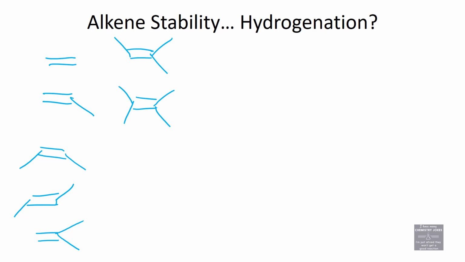What do I care about it? Well, this top one, this ethene, we would call an unsubstituted alkene. The next one in line we would call a monosubstituted alkene. Then comes a disubstituted alkene, and oh look, another di, and a di, and a di, and then a tri, and then a tetra.